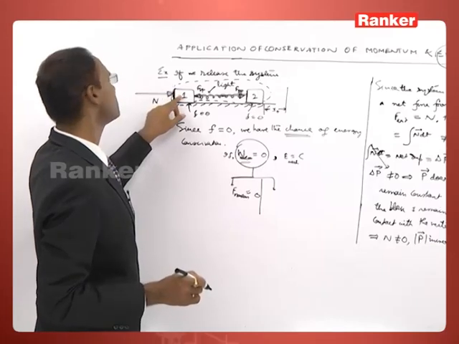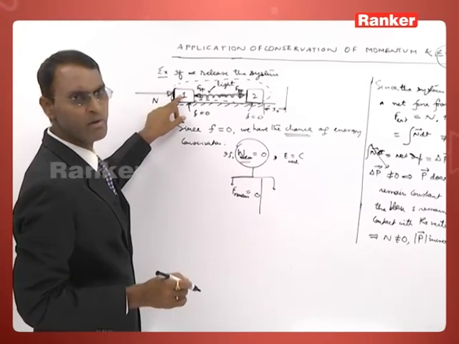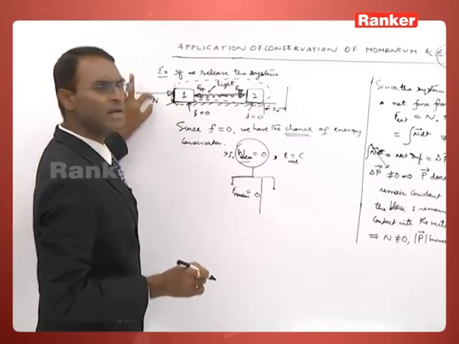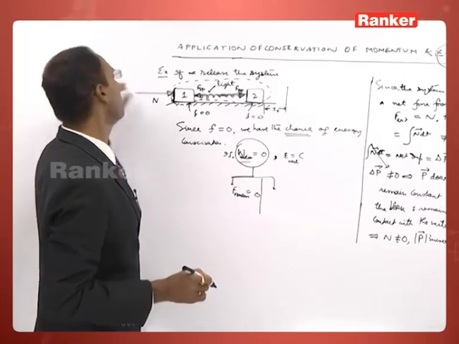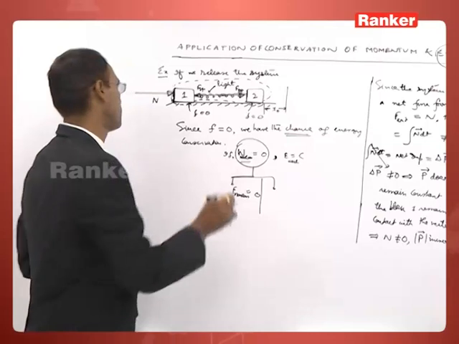For all the times, so long as this is in contact with the vertical wall, the normal contact force given by the vertical wall in horizontal direction on the block 1 will nullify the spring force.